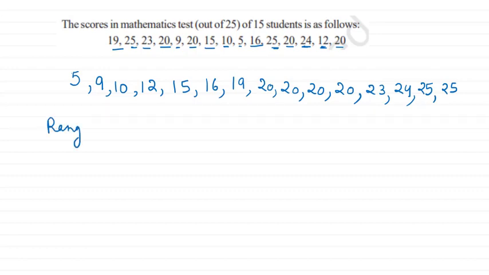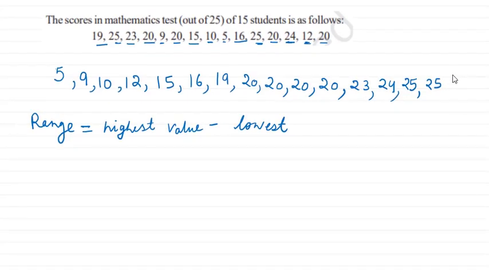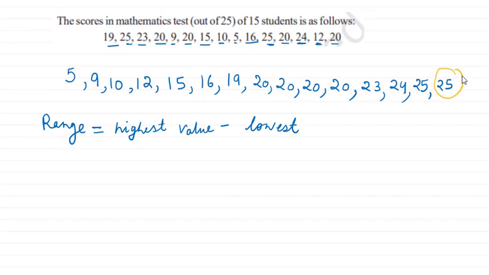As I've told, what is range? The difference of the highest value and the lowest value. So here the highest value minus the lowest value is 25 minus 5, so the range will be 20 for this data.